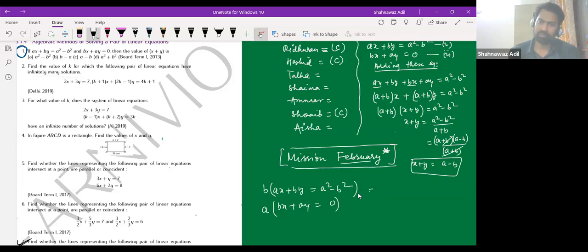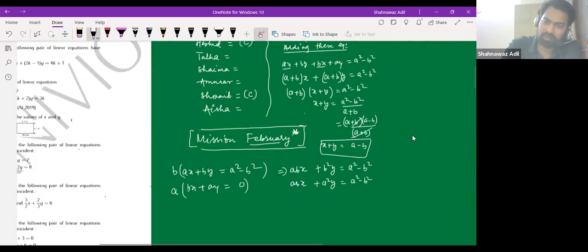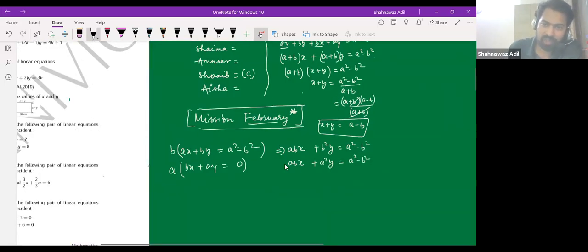So then this would be abx plus b square y, and this is a square minus b square, and this is abx plus a square y, and this is a square minus b square, right? And then we subtract these two equations. So this would be how much? This is minus, this is minus, right?